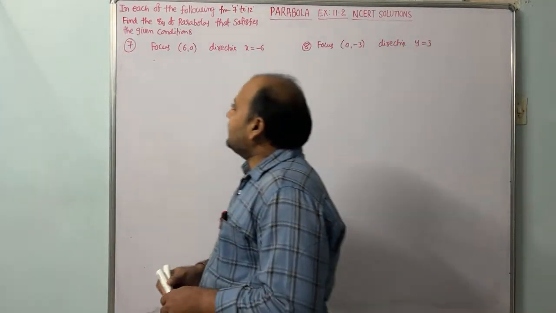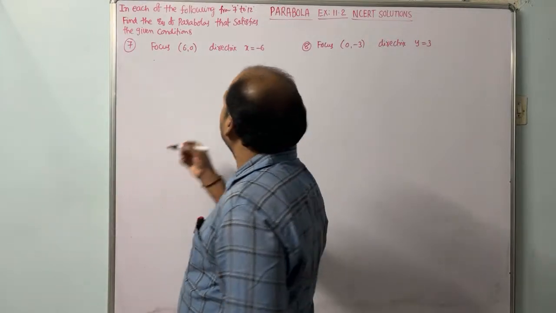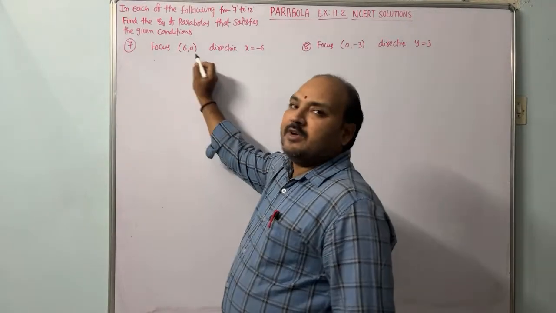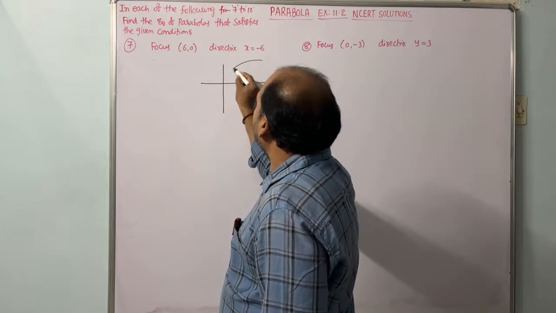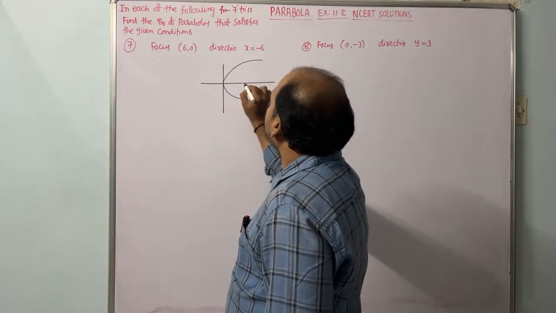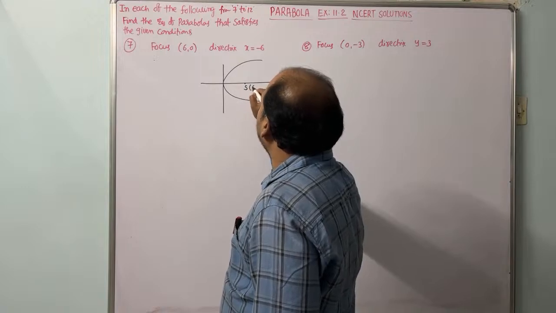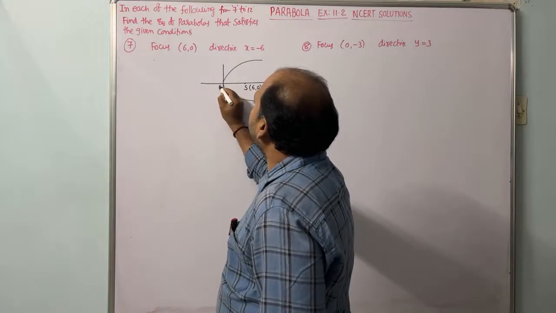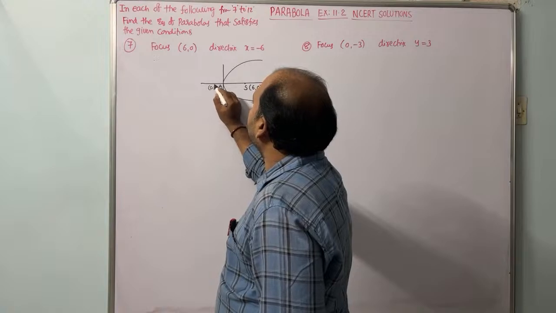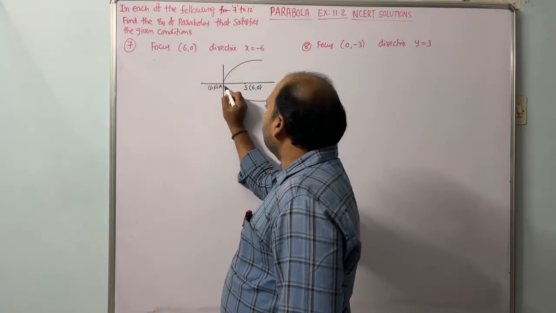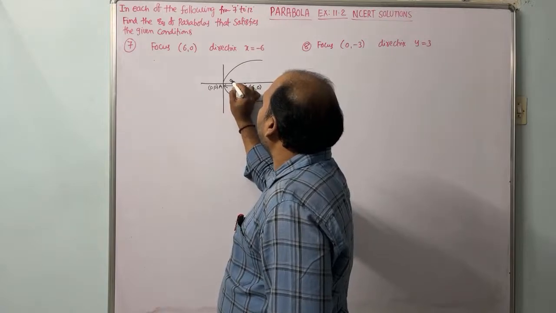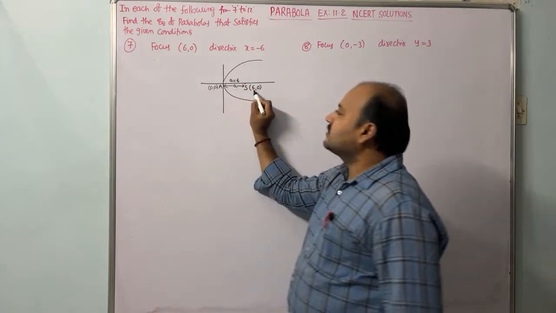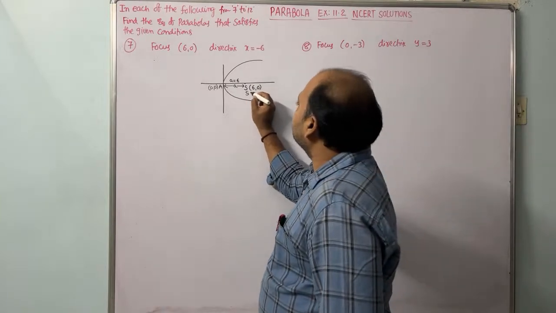So focus S is (6, 0). Whenever it is (a, 0), obviously the equation of the parabola is in this form only. This is S (6, 0), and this is the vertex, obviously (0, 0). From here to here the distance is equal to a only. According to the question, a is equal to 6. Compare this with S (a, 0).